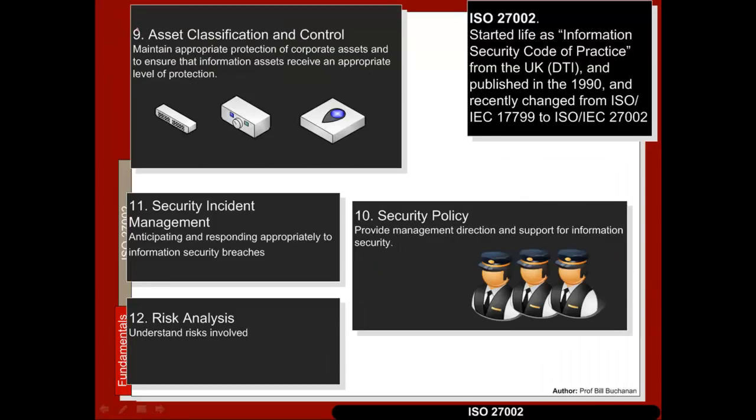We can have asset classification and control, to make sure that all the assets are protected in some way. There is a key area around security policies, to make sure that all the people inside the organisation understand the policy. Then we can have additional ones, such as looking at risk analysis, what the key risks to the business are, and also how we deal with any security management activity.